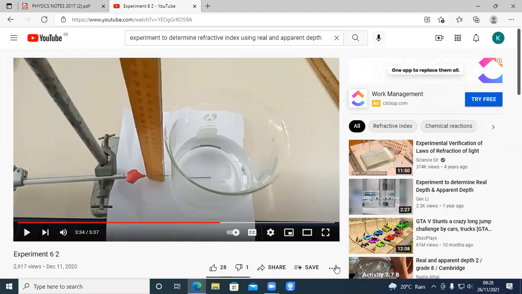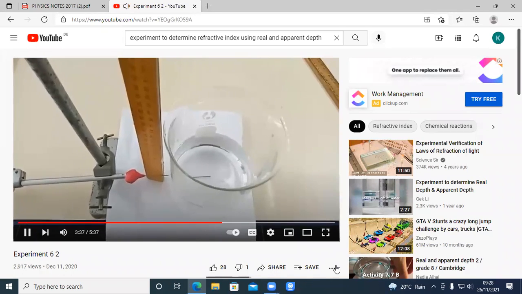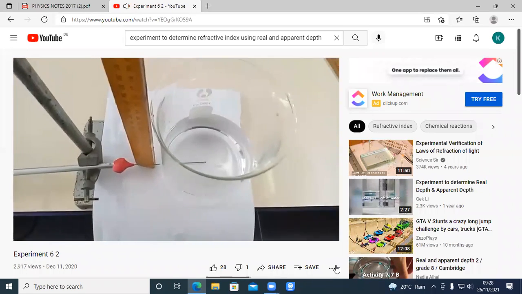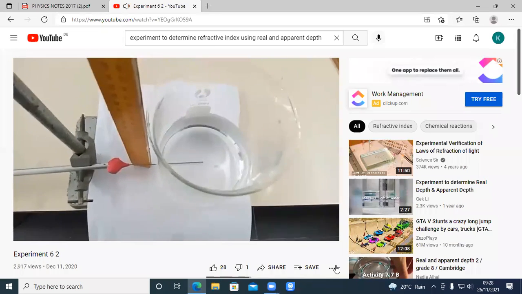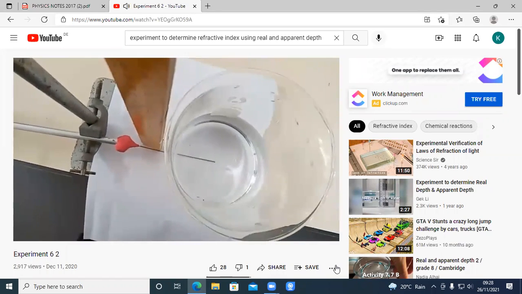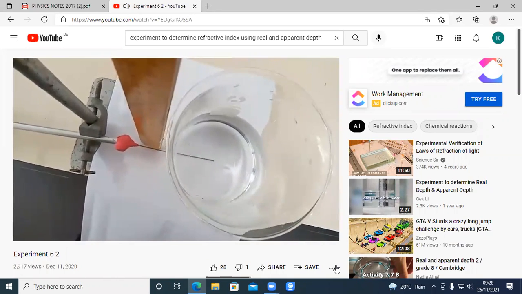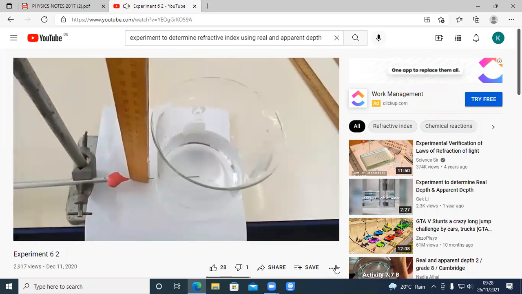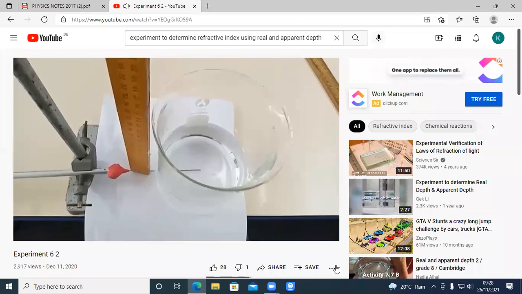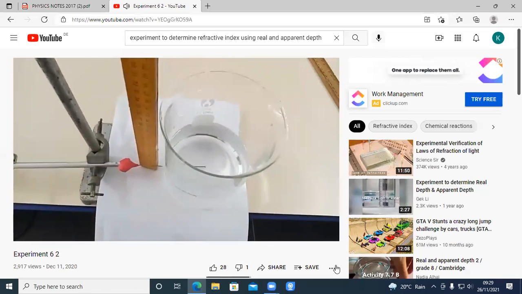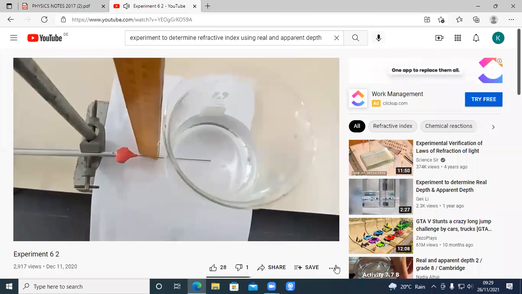Okay, let's summarize the video. We have 2 minutes remaining. You adjust the position of the needle outside the beaker until, no matter from which angle you look, from the top, same position, at an angle from the side, also the same position, and from a few more angles, it looks the same.